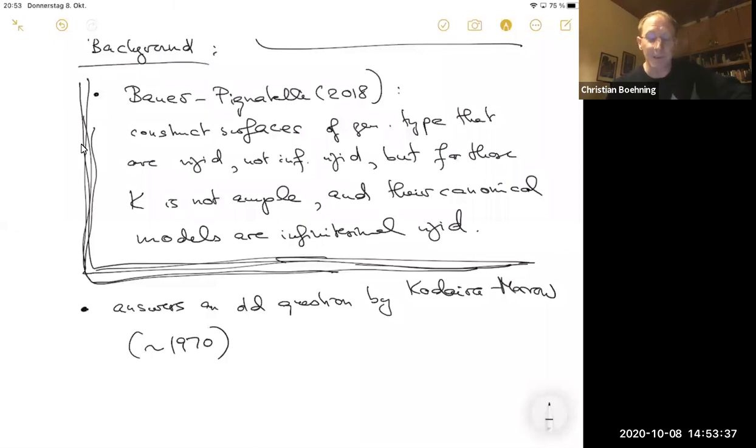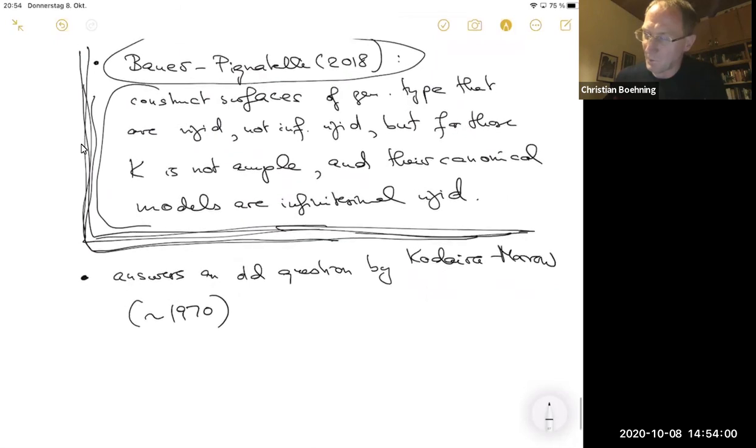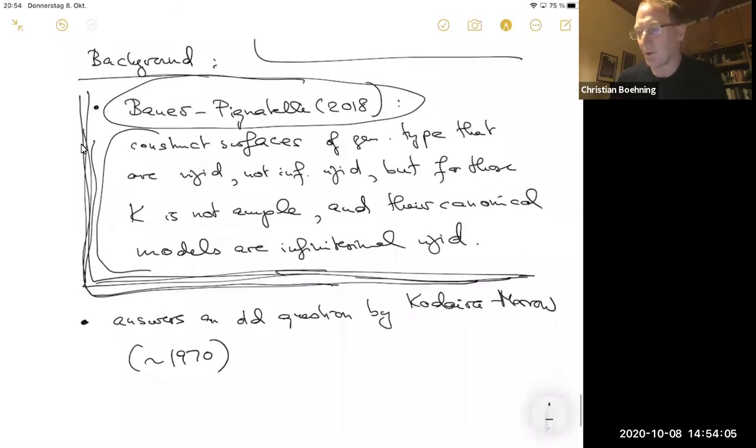And to the best of my knowledge, Bauer and Pignatelli were the first who in 2018 exhibited examples of such compact complex manifolds in the form of such surfaces, and higher dimensional examples, say taking products with some other rigid manifold. But yes, our examples are the first that have rigid but not infinitesimally rigid canonical models as well.